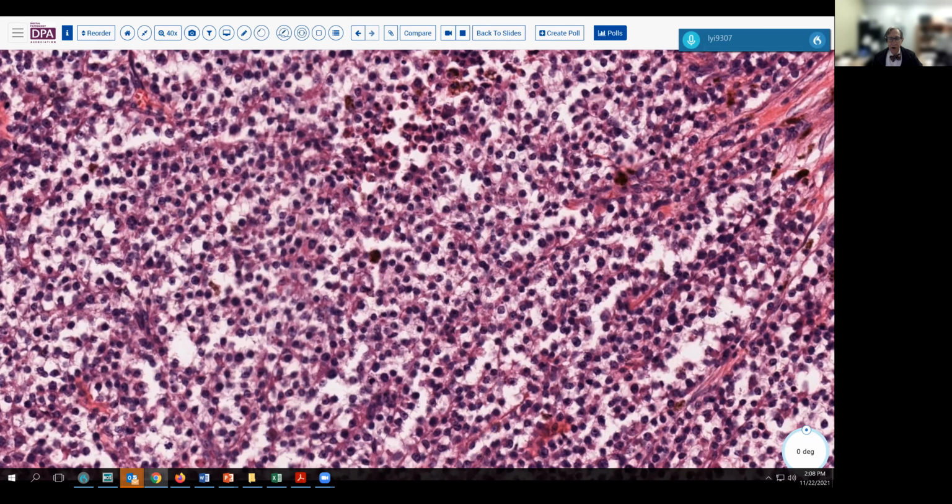This tumor has been termed melanoma of soft parts because of this melanocytic feature, but it tends to occur in the tendons, the aponeuroses around the knee and other locations. It tends to be patients who are in their early adulthood stage of life.